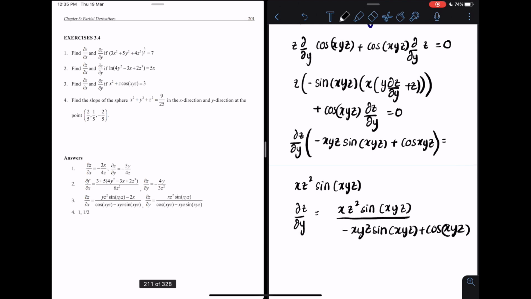So let's take a look at the example whether we get the same answer. Yes, the same answer.